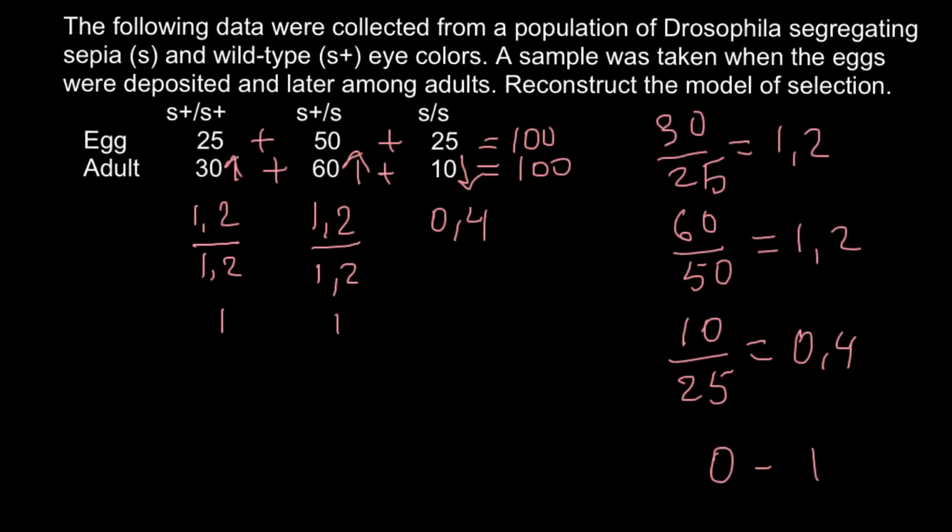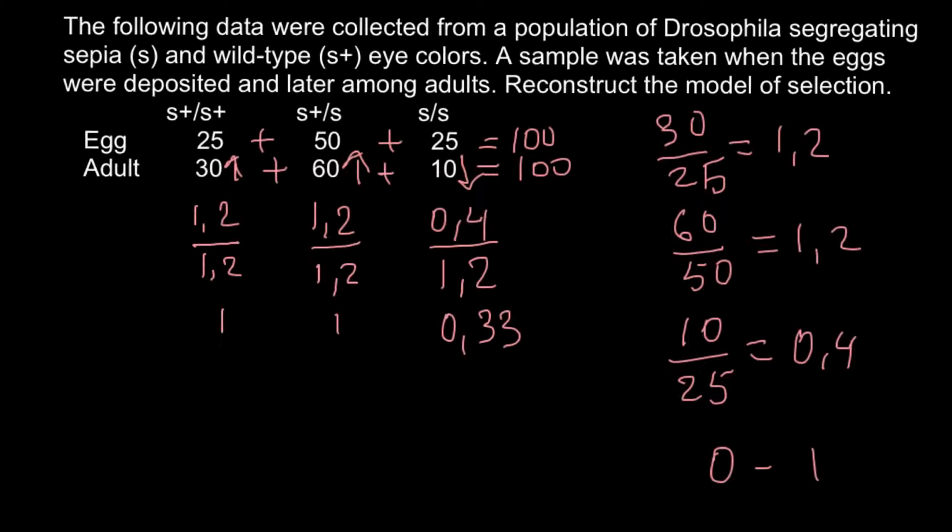And here we also have to divide the fitness of this genotype by the fitness of the fittest genotype. So we divide 0.4 by 1.2, and the relative fitness of this genotype would be 0.33.